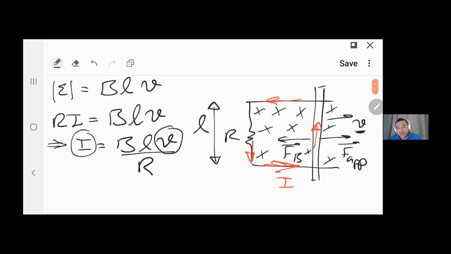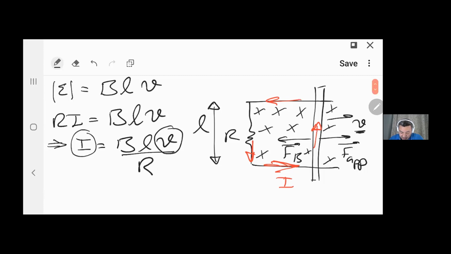I'm trying to derive the relationship that I need in order to relate everything to the speed, because my speed is going to be doubled. I want to see what's going to happen to the power. I also want to see what's going to happen to the force.